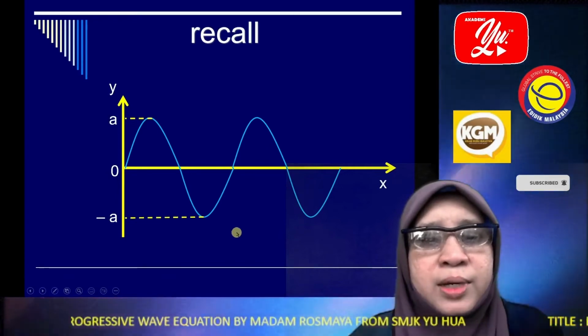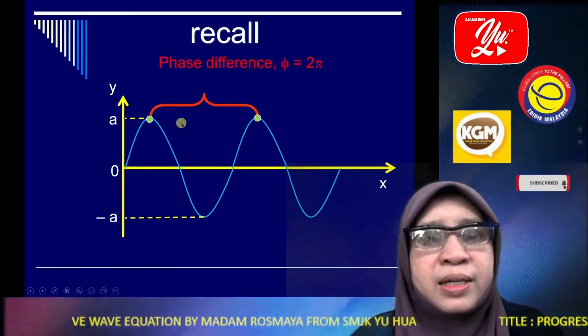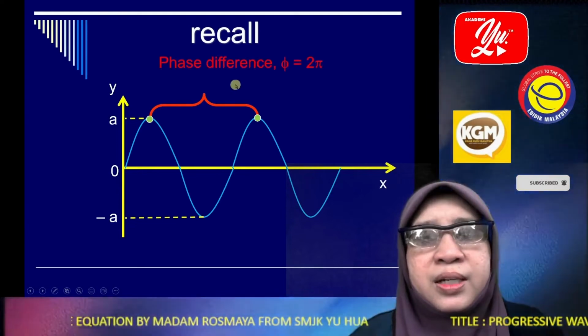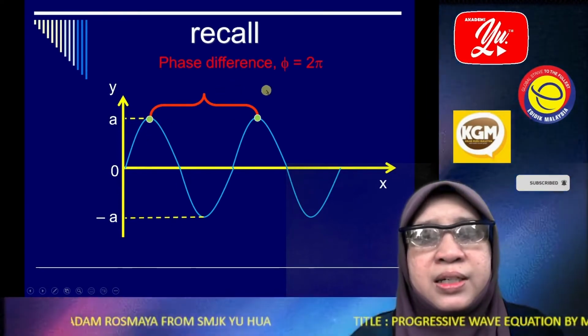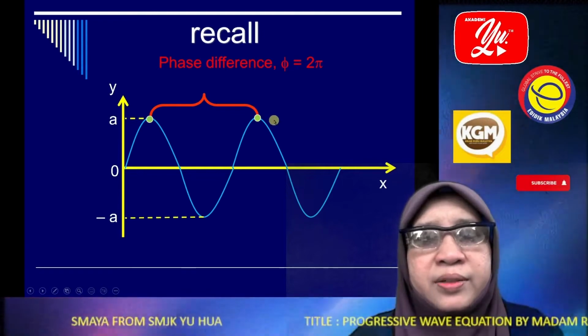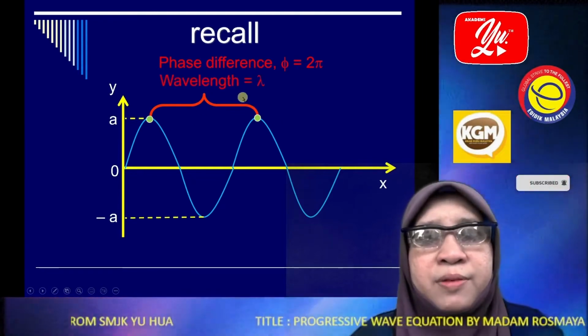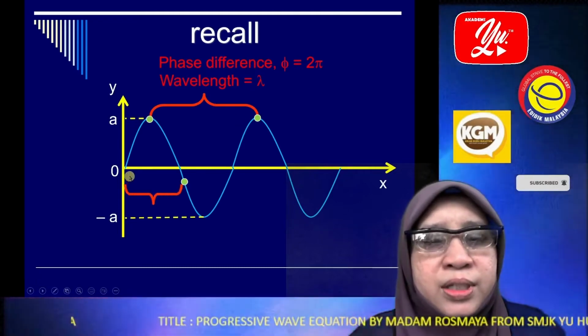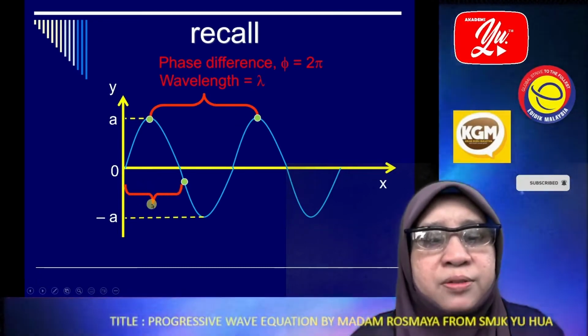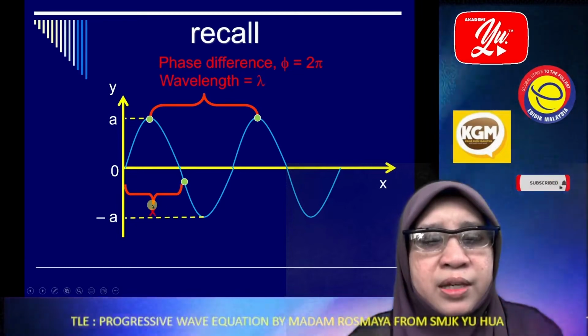Recall what we have learned before on how to find the phase difference. If one complete wave, the phase difference is 2 pi radian. For 1 lambda, the wavelength is lambda, but the phase difference is 2 pi radian. Between two points here, we can use the ratio method.